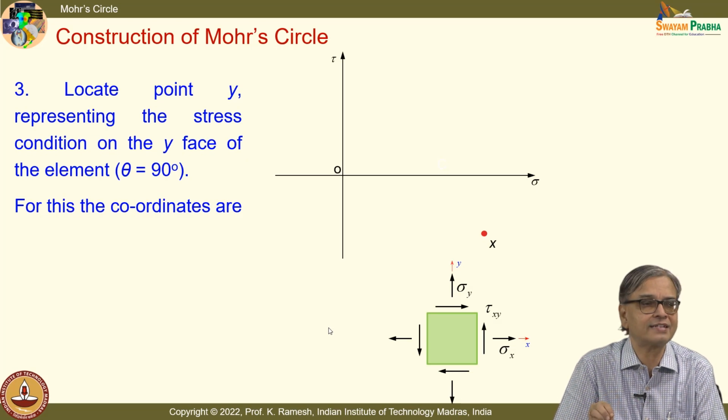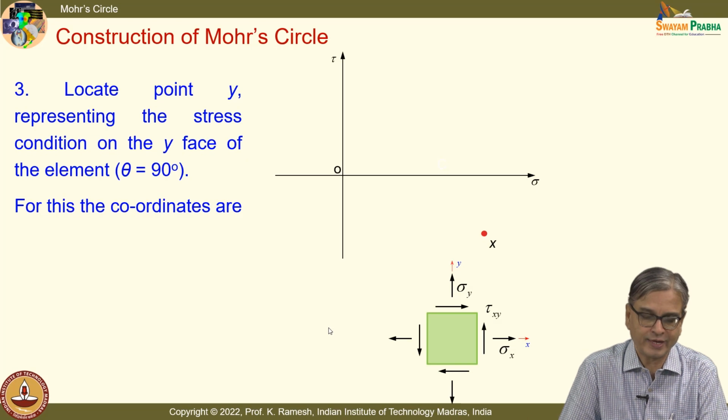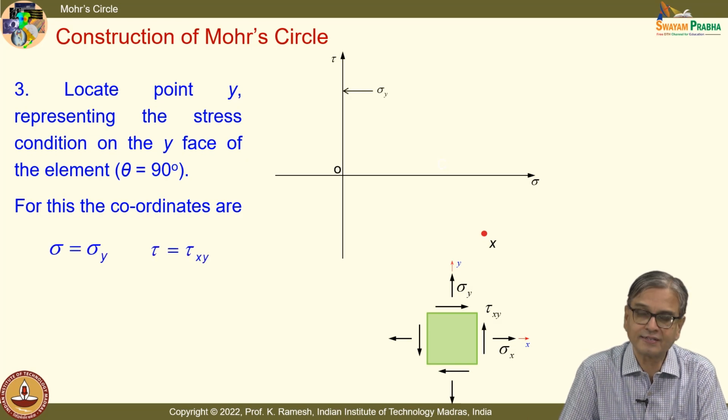I have the x axis, I have the y axis. I simply mark the point y. I have sigma equal to sigma y, and this is the line on which you can identify point y. Now I have tau xy. So this horizontal line meets, and I get the point y.